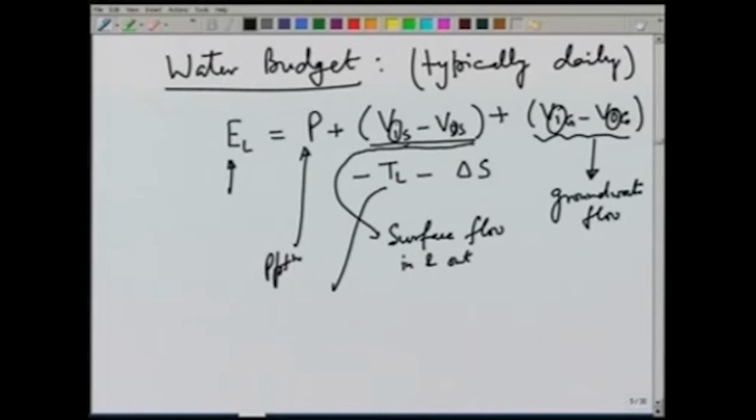T L is transpiration loss, typically it is very small for a lake, but just to be more accurate we consider T L also, and delta S is a change in storage.